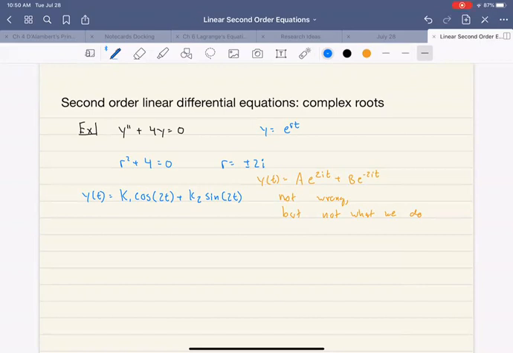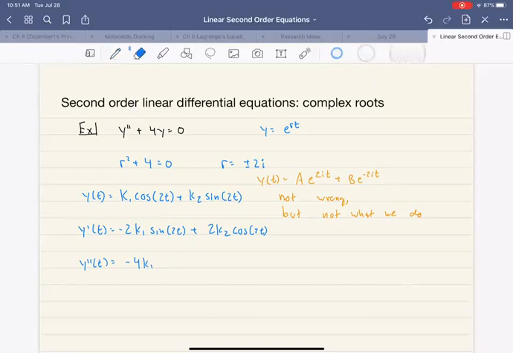Okay, and you can see, if you take y prime of t, it is going to be 2k1 negative sine of 2t plus 2k2 cosine 2t, and then y double prime is going to be negative 4k1 cosine of 2t minus 4k2 sine of 2t.